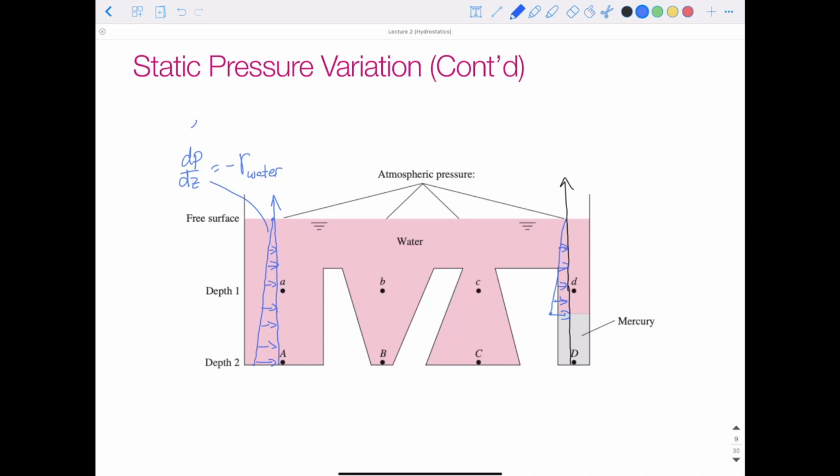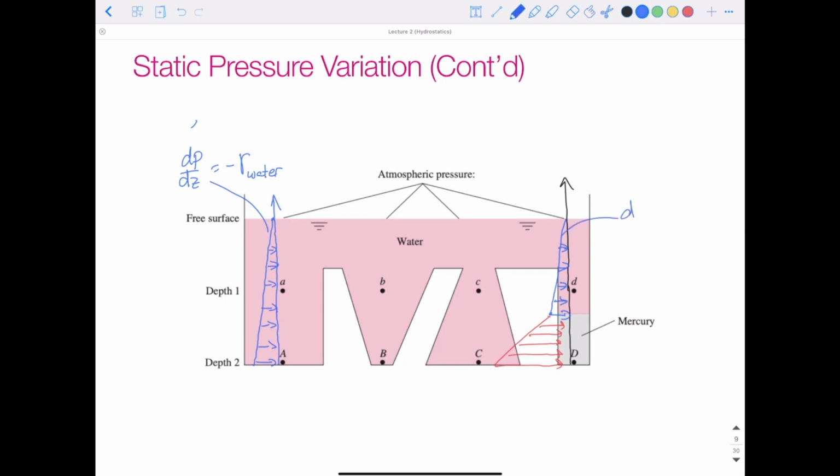And then at the point where the fluid changes, the slope isn't constant anymore. It's going to change with respect to the specific weight of mercury. And mercury is much heavier. It's much more dense than water, so it's going to have a higher specific weight. So the slope of this now changes. And let's do this in red maybe. So our slope would then look something like this, where this pressure is increasing much more rapidly because that coefficient gamma is much higher in mercury than in water.